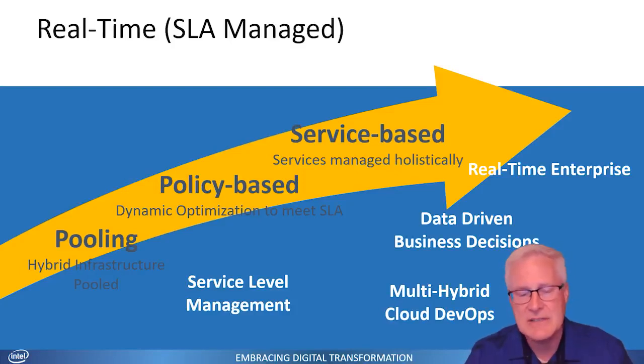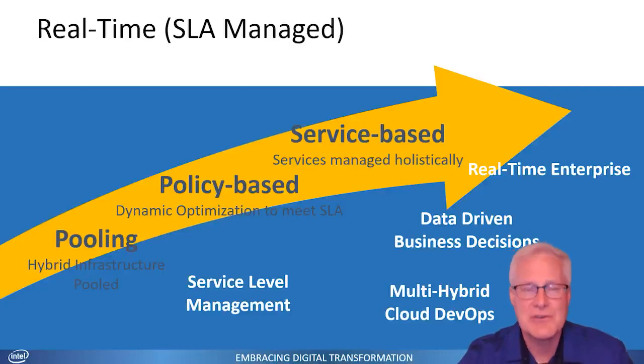And you can see in this phase, I talk about three different subphases: pooling, which is hybrid infrastructure pooling, policy-based orchestration, and then all the way up to service-based, where now I have a real-time enterprise. It's optimizing my infrastructure and my services. Why run a service when I don't need it?